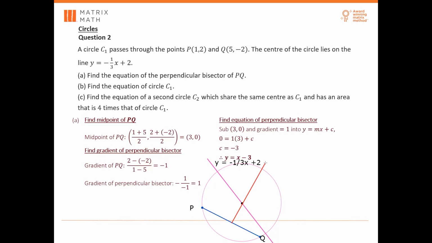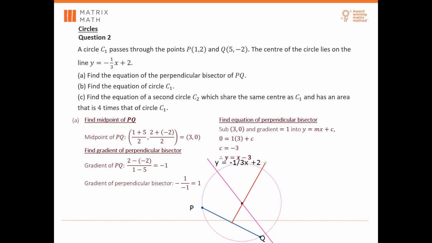Next, in the question itself, it says there's another equation, y equals -1/3 x plus 2, which passes through the center of the circle. If two lines pass through the center of the circle, and these two lines intersect, the intersection point is also the center of the circle.